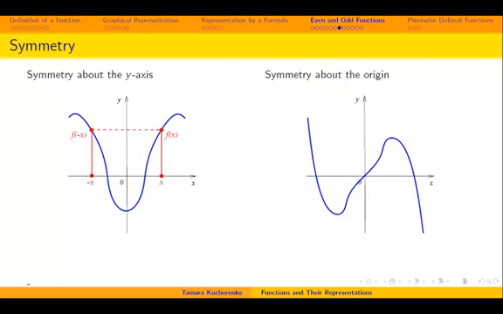Thus, f of negative x has to be equal to f of x for every point x.